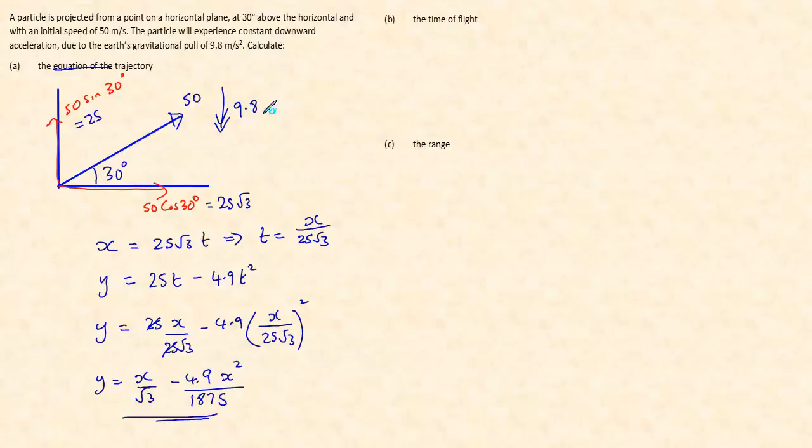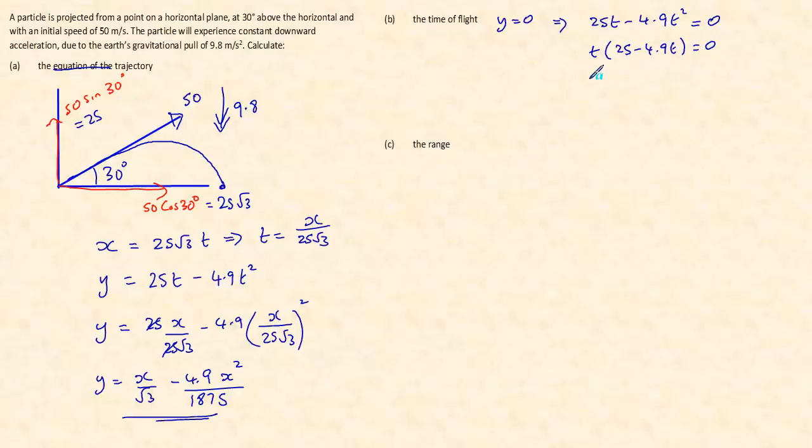We now want the time of flight, so that means the length of time until the particle comes back to the horizontal surface. In other words, when y is 0. So we want y is 0, and that means that 25t take away 4.9 t squared is equal to 0. So t into 25 take away 4.9 t equals 0.